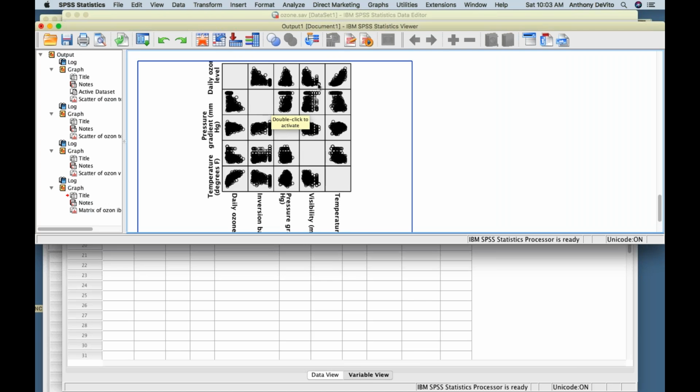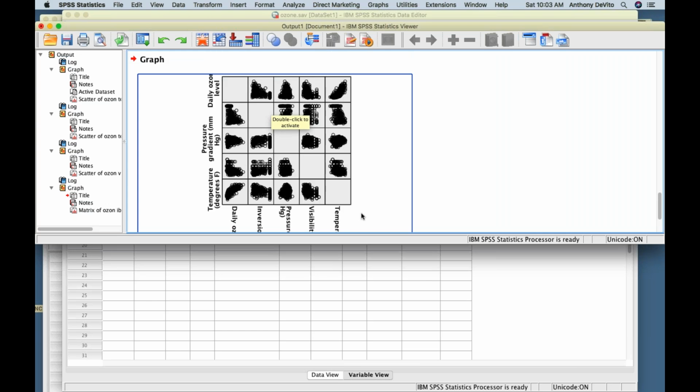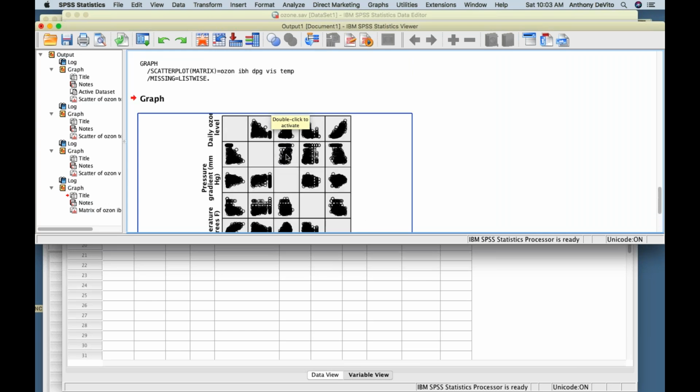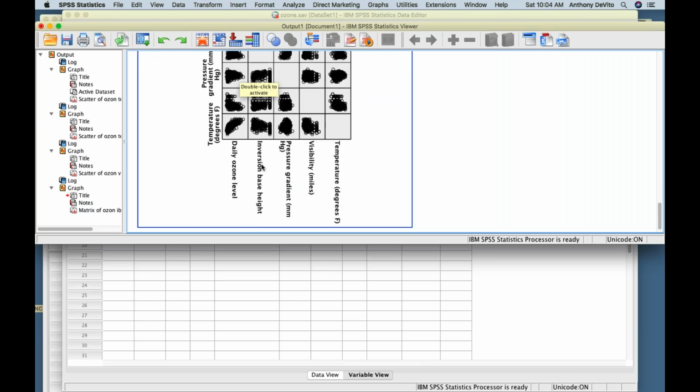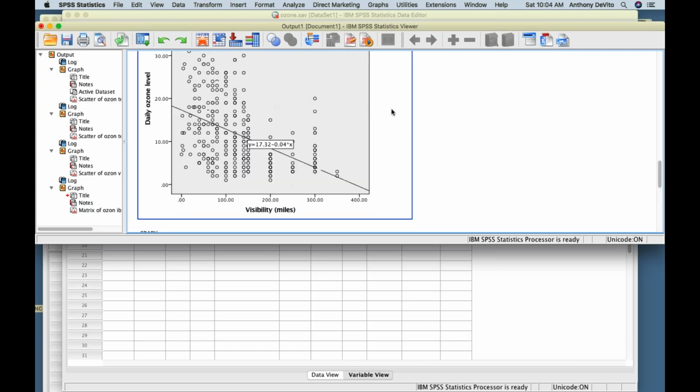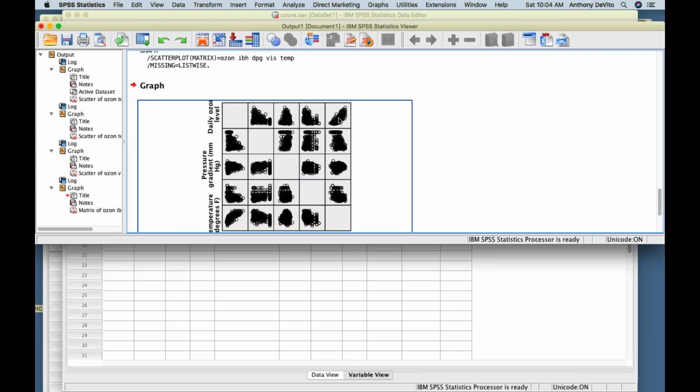We can see visibility is going down, and we can see a nice correlation here with temperature, not so much with the barometric pressure, and it does look like there's an association here with the inversion base height. In other words, if there's a thermal inversion, like how high it is. Okay, so at least 3 of these seem to have some good, strong association with the daily ozone level.